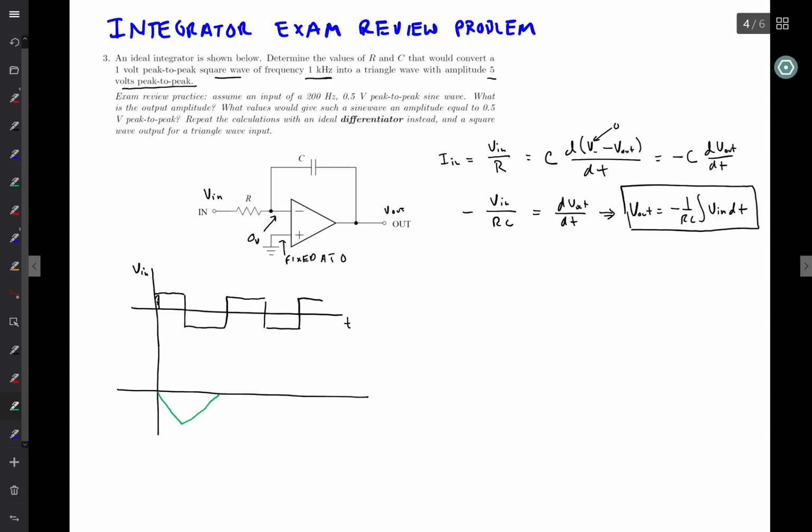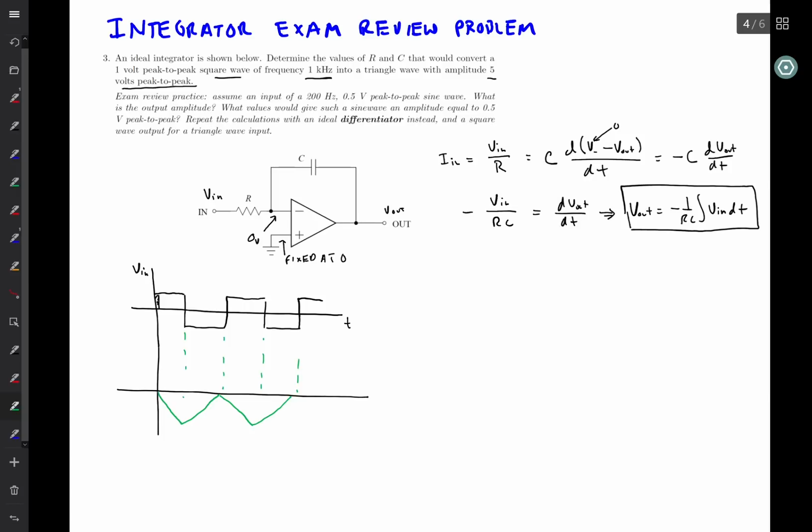So if this is a symmetrical square wave, you're going to get a triangle wave which is always below ground if I start from 0. So I would have a triangle wave that looks kind of like this, where these points represent the changes from positive to negative on the square wave.